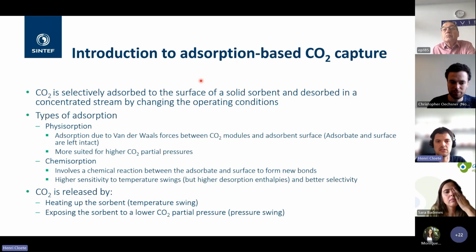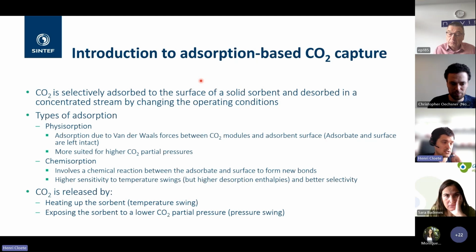But this also means that you have higher desorption enthalpy, so you require more energy to release the CO2 than for physisorption. On the other hand, in general, chemisorption processes, since it's a stronger bond, have a better selectivity to adsorbing CO2.